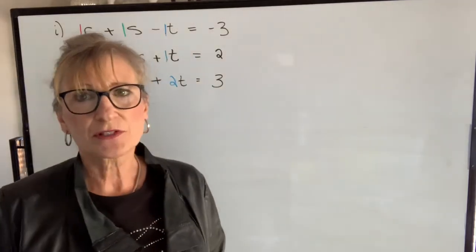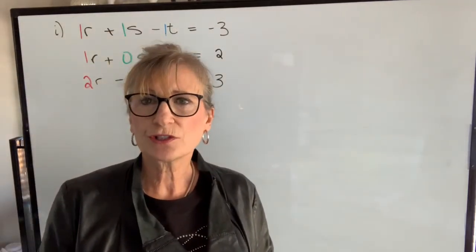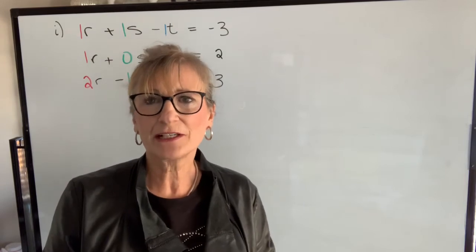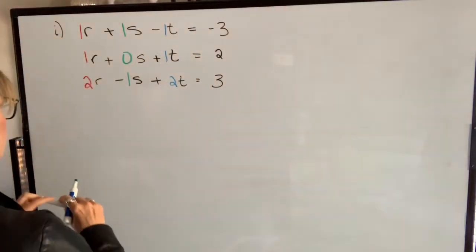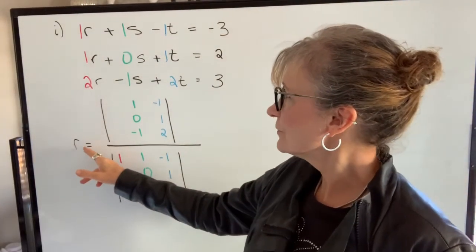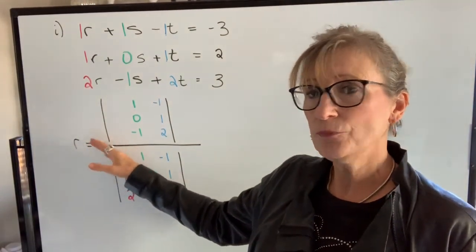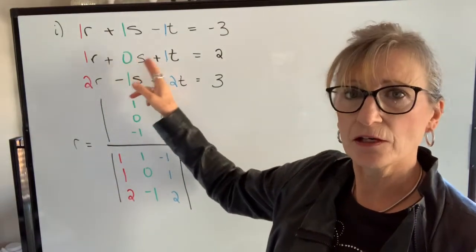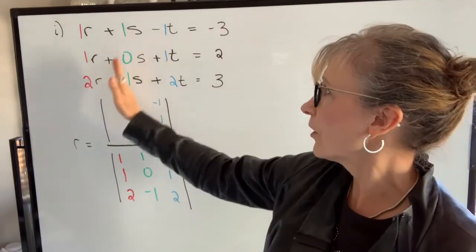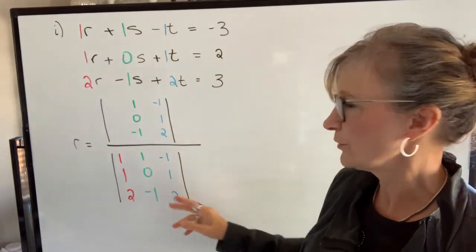I'm going to set up the solution for R, and it'll be the quotient of two different determinants, and I'll explain again what those determinants are once I set it up. So in my solution for R, or any variable, the denominator will be the determinant consisting of the coefficients in order, R, S, and T. So I put those three columns in.